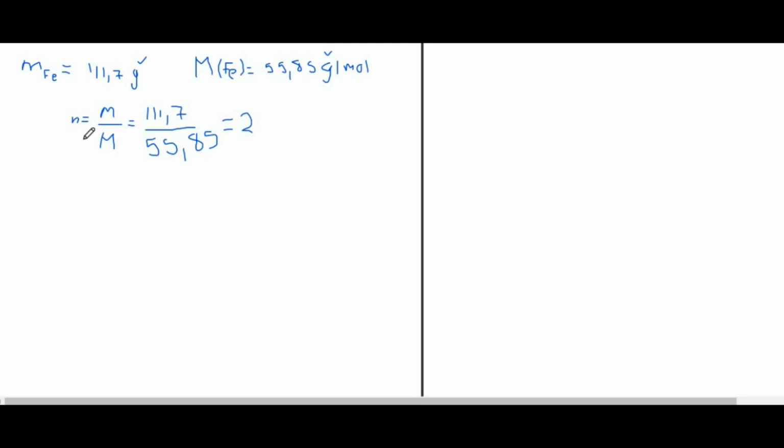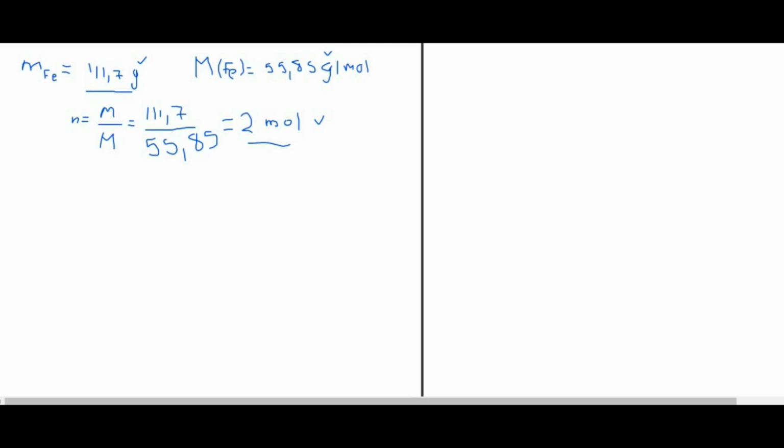And you know that n, the number of moles, is measured in mol. So you can just write mol and you have your answer. It means that in 111.7 grams of iron, we have 2 moles. Okay, hope that was clear.